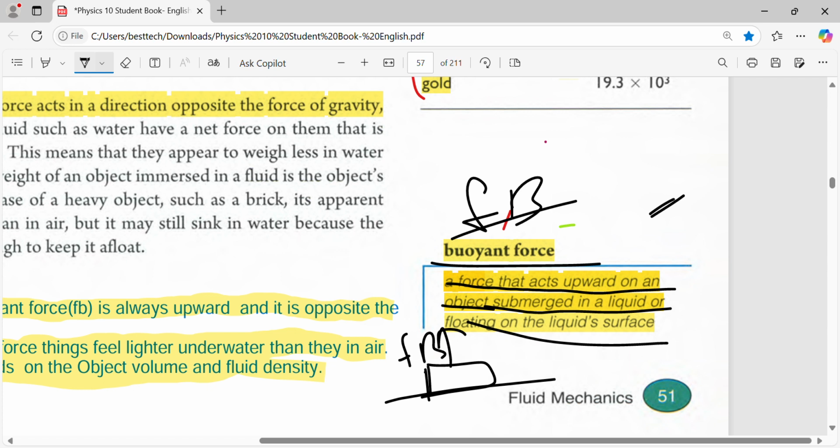When the object stays on the surface, you have buoyant force, or when the object goes under the water, or any type of liquid. This is the surface. The object is on the surface, or the object is under the water. In this situation, we have a buoyant force, and the direction is upward.